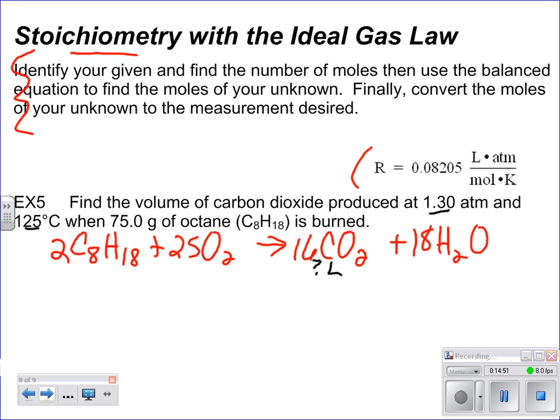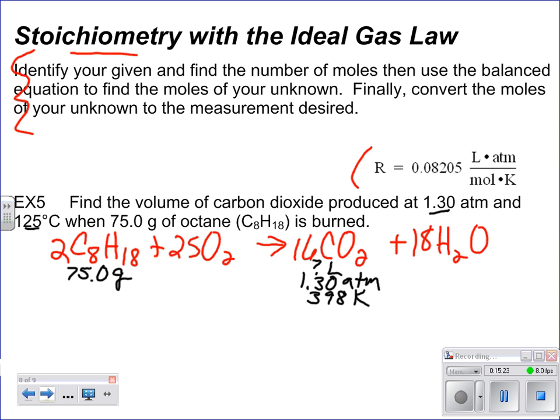So it's 1.3 atm, and it's 125 degrees Celsius. I'm just going to convert that really quickly to 398 Kelvin. And I know that I'm burning 75 grams of octane.